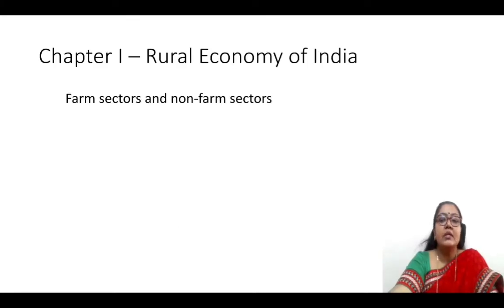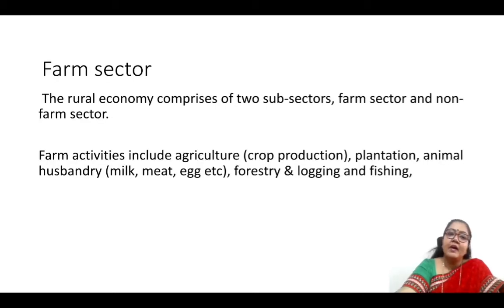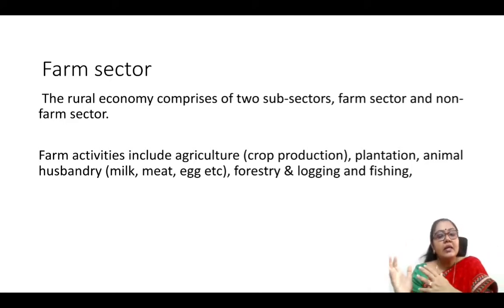So we move on to the next aspect of this session, that is the farm sector and the non-farm sectors. Farm sector, as we all know, the rural economy comprises two subsectors, that is the farm sector and the non-farm sectors. The farm sector, or the farming activity, includes agriculture, basically crop production.